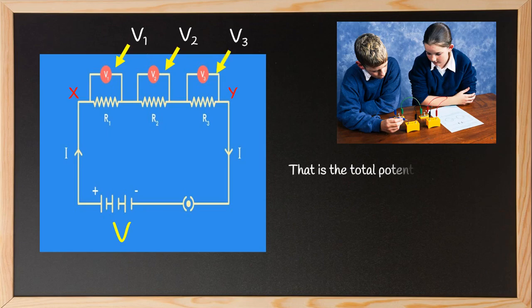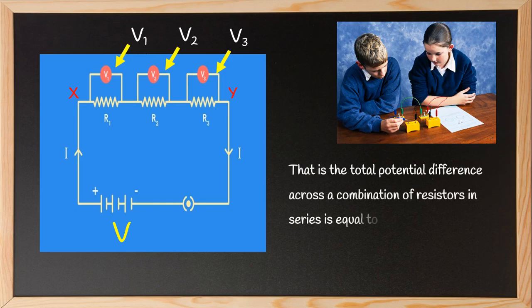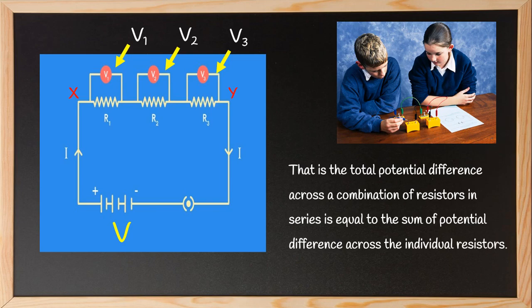Now, the total potential difference across a combination of resistors in series is equal to the sum of the potential differences across the individual resistors. So basically the total potential difference is equal to the sum of individual potential differences.